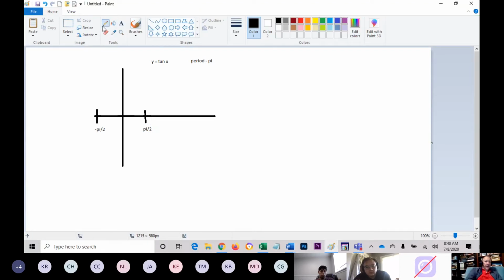And then we'll draw our little asymptotes here. Hard to draw with your finger. Your tangent function is going to go through the origin, better than I did. Right. Okay, cool. Yeah, just like that.